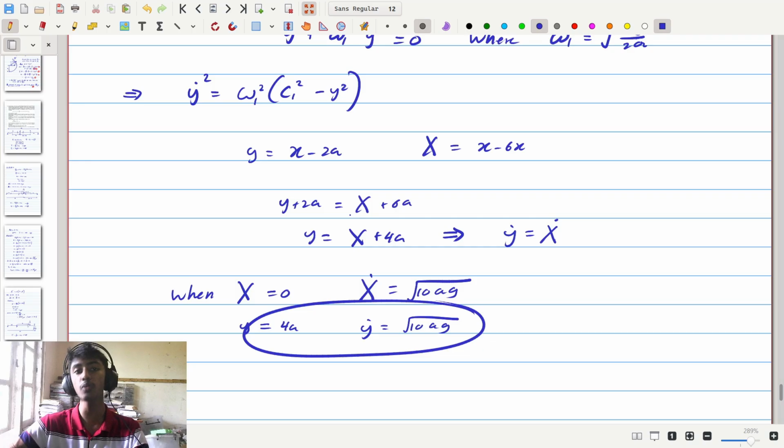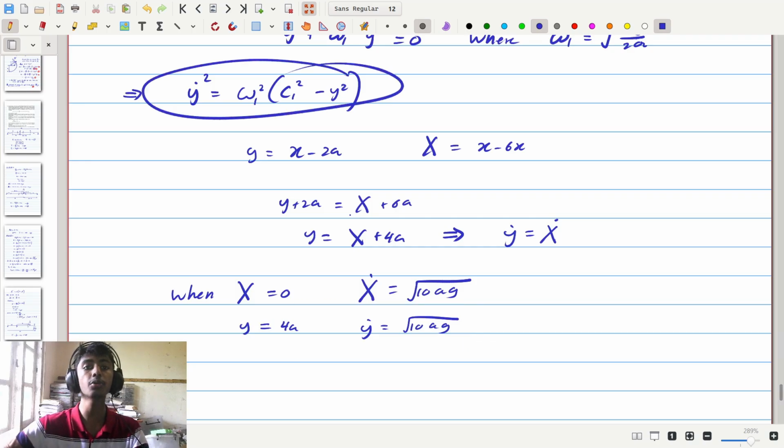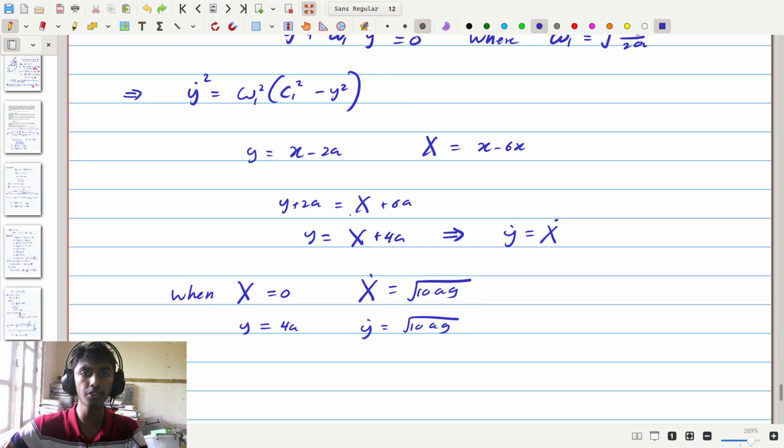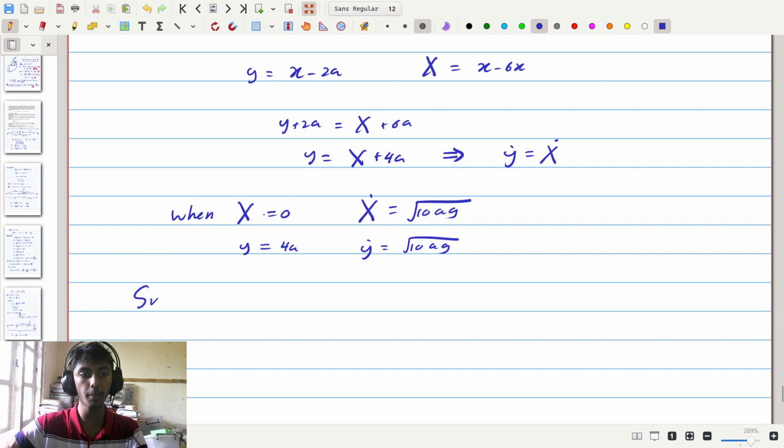Now using these two values, we can substitute them in order to find the amplitude. I should also say that c1 is the new amplitude, just for clarity.